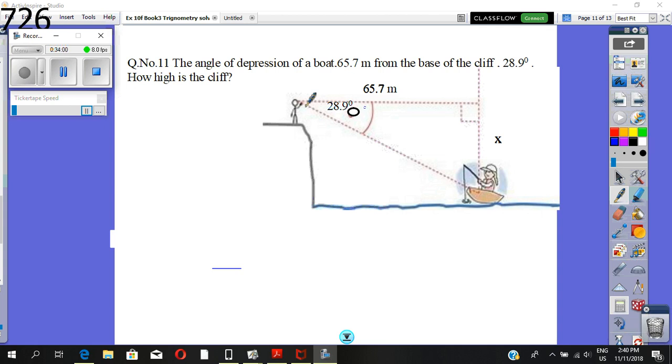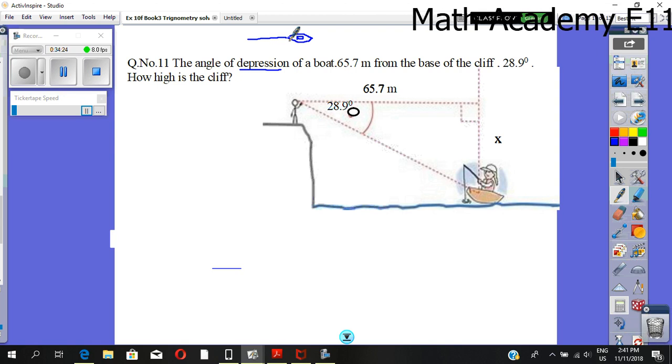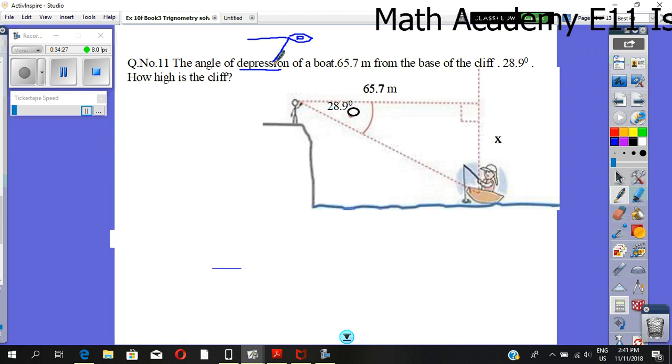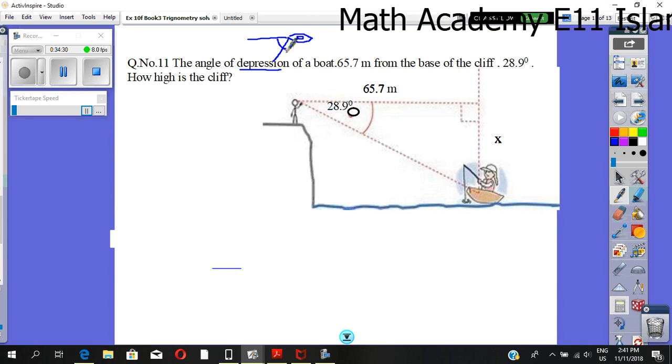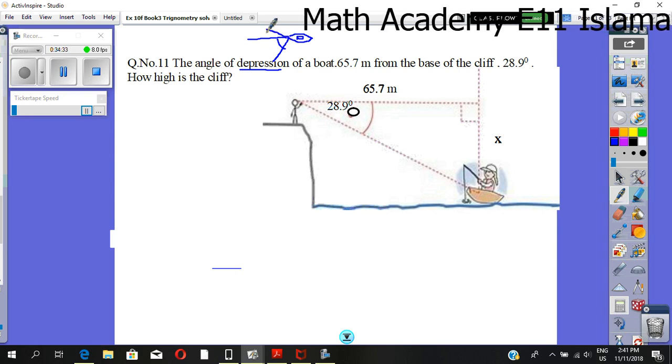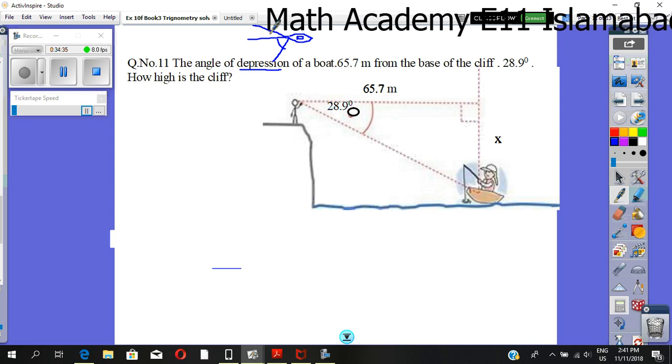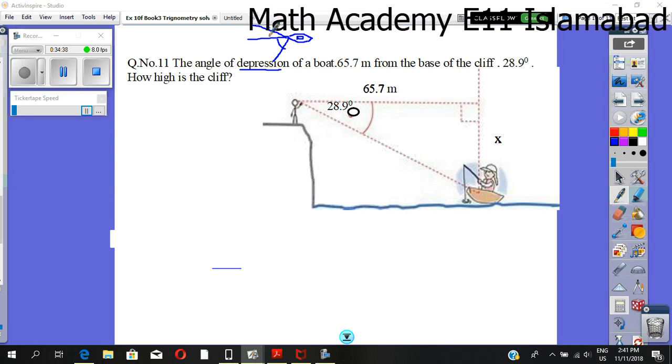The question number 11 of the same exercise, the angle of depression. Depression means when you look downwards from the highest point, below the normal angle. Let's say this is our eyes, and this is called the normal line, and here if we look down, this is called the angle of depression, and if we look upwards, above the normal line, this is called the angle of elevation.